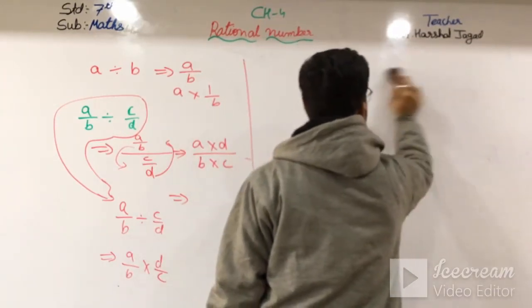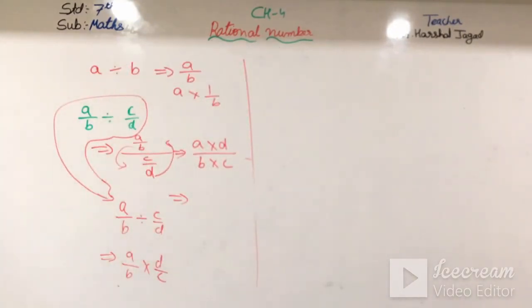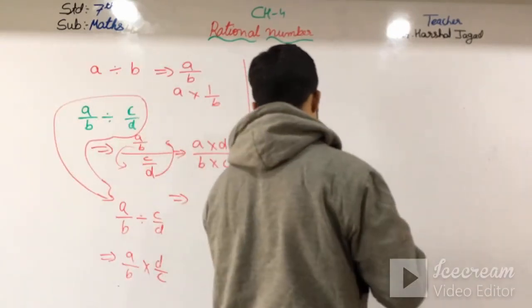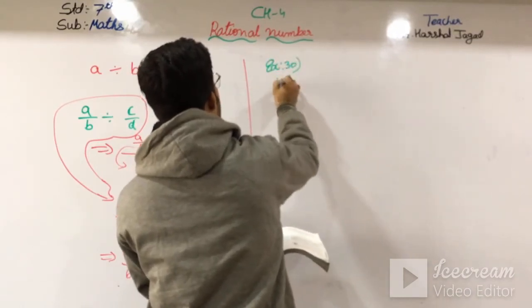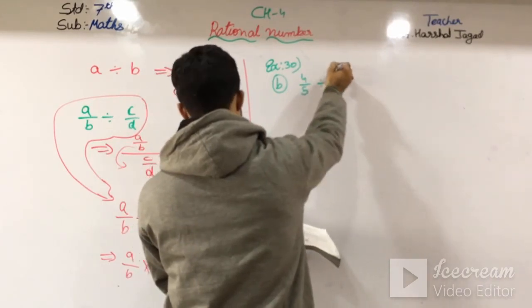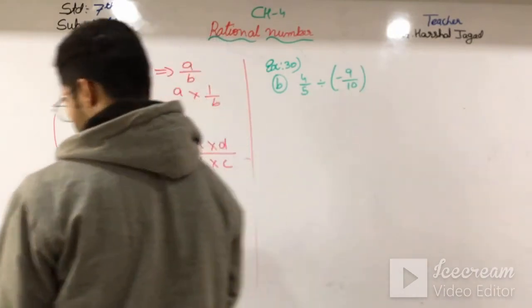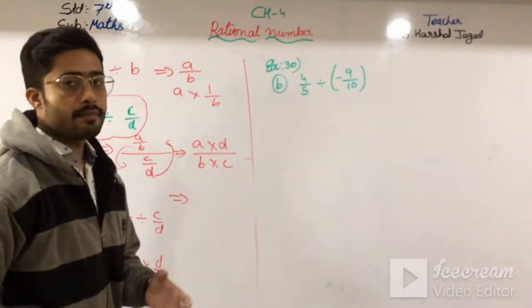From that we will solve only one, example number 30b: 4 by 5 divided by minus 9 by 10. Let us divide that. First of all we take the reciprocal of the term on the divided-by side.